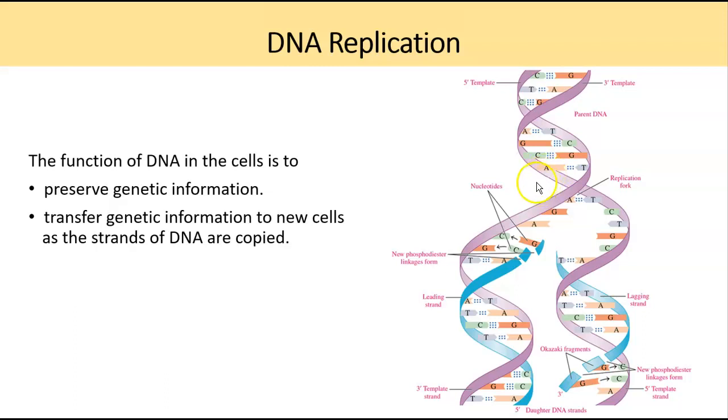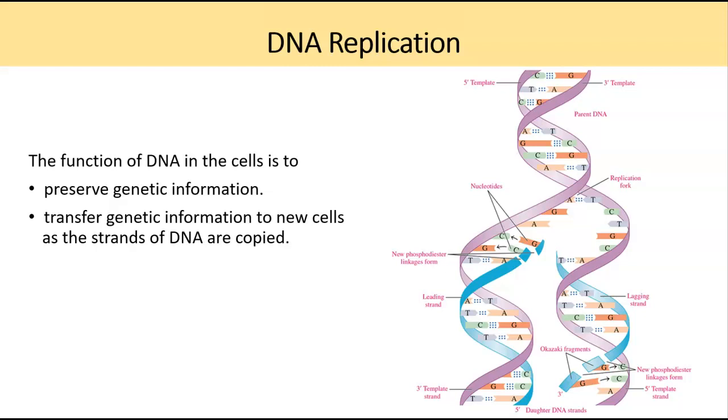Now, the function of DNA is to preserve this genetic information and to transfer it to the new cells. In any living organism, there are millions of cells in our body, and these cells divide at each second, right? They divide to make more cells or new cells.